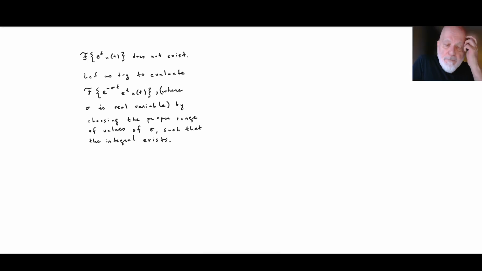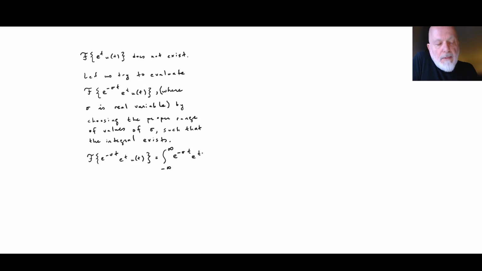Now, how can we do this? Now, the Fourier transform of e to minus sigma t e to t u of t is from minus infinity to plus infinity e to minus sigma t e to t u of t e to minus j omega t integrated with respect to t.